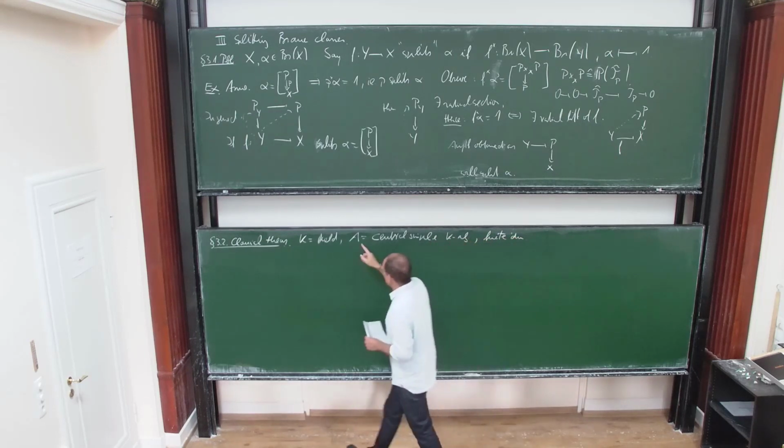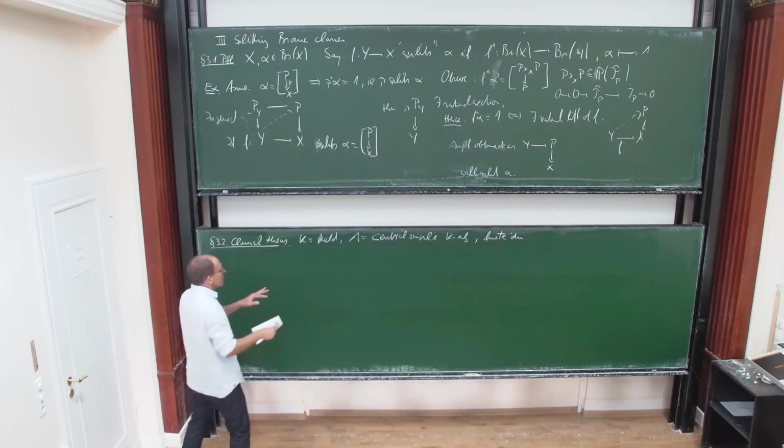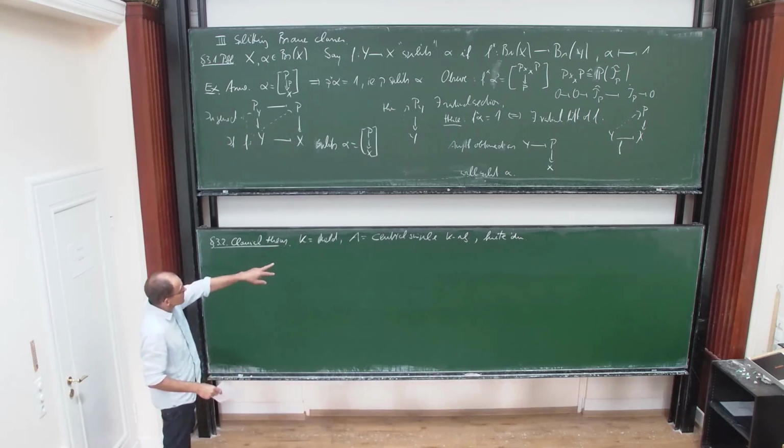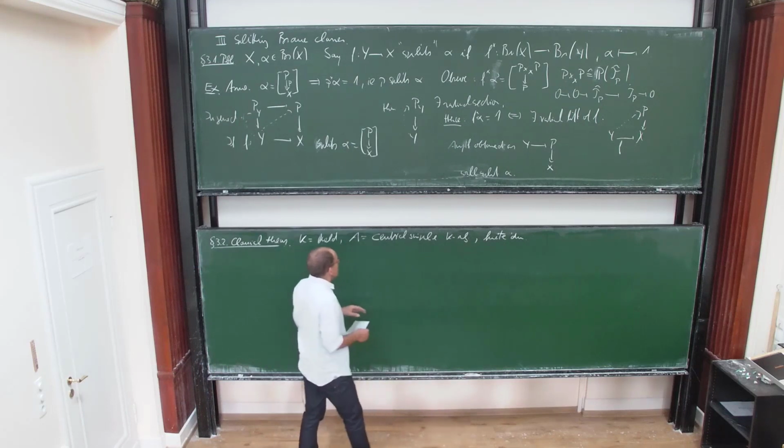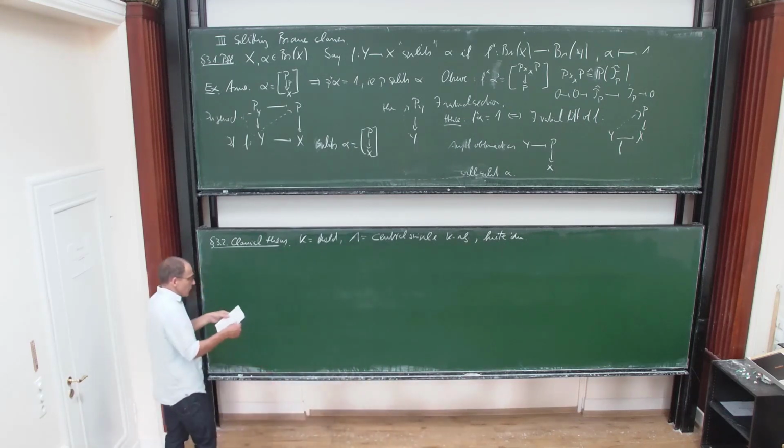So the only left and right ideals that are two-sided ideals are 0 and the whole algebra, and the center of this is K.